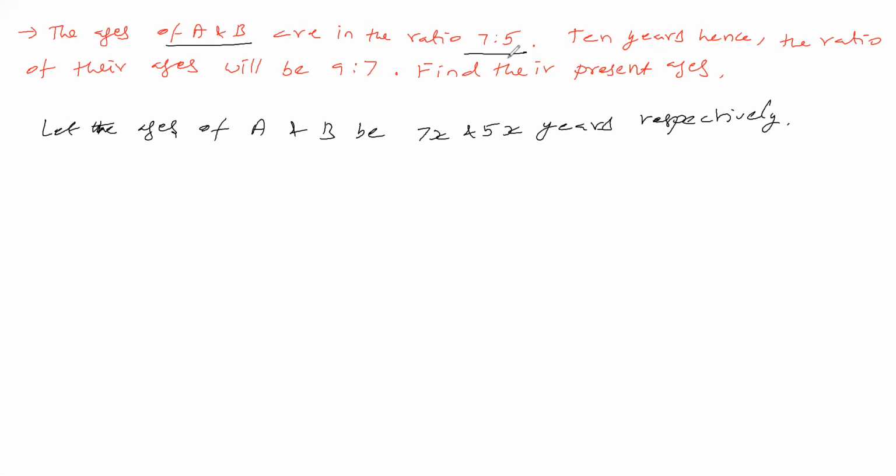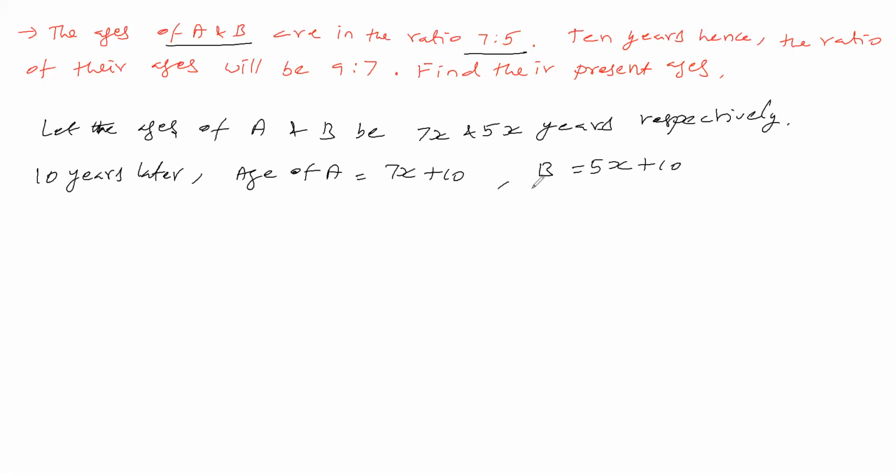We can say 10 years later, the age of A is equal to 7x plus 10 and that of B is equal to 5x plus 10.